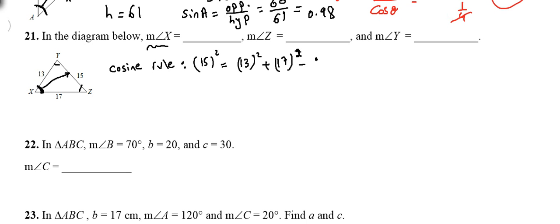Minus 2 times 13 times 17 times cosine of angle X. If there's a need to prove this cosine rule, I will prove it in another video. So if we need to find the measure of angle X, we go to the side which is opposite to X. It's 15 squared equals 13 squared plus 17 squared minus 2 times 13 times 17 times cosine of the angle between 13 and 17, which is X, the needed angle.